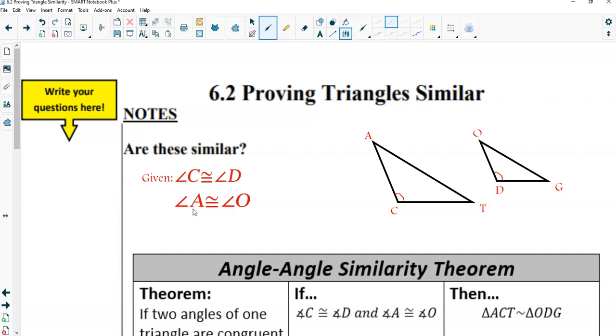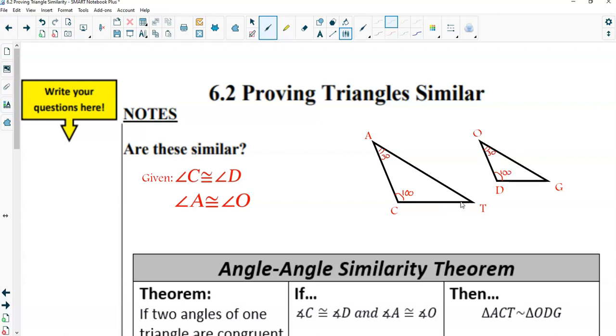And then they give us that angle A is congruent to angle O, right here. Now, remember, let's assume that this is 100 degrees and that this is 30 degrees. Well, if they're congruent, that means this is also 100 degrees and this is also 30 degrees.